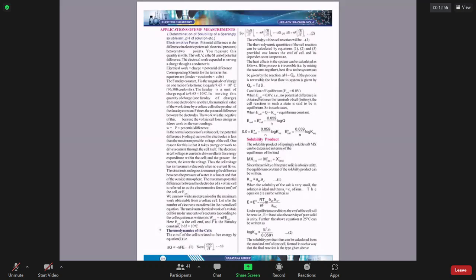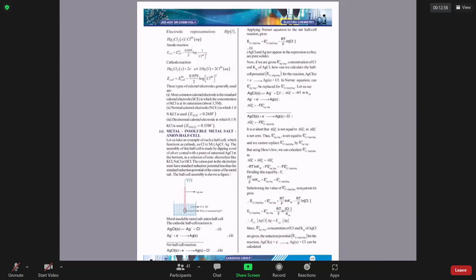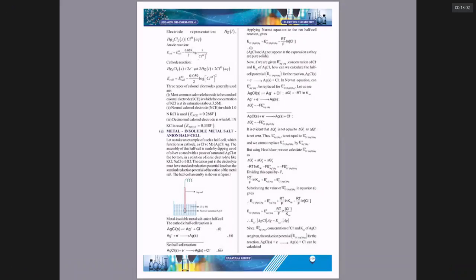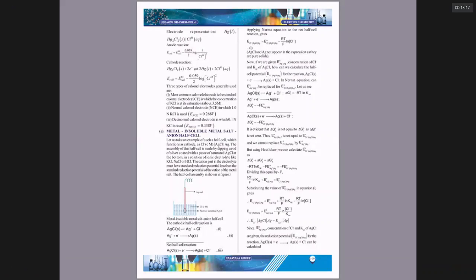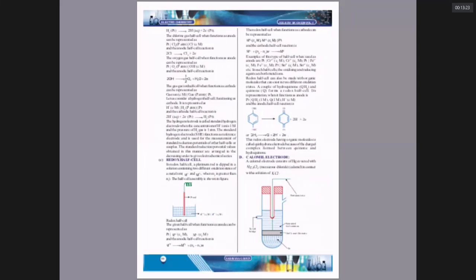My point here is simply that the Nernst equation is useful for finding the delta G value. Delta G is always equal to minus nFE, and E means cell potential. Cell potential can be calculated using the Nernst equation from the standard cell potential.